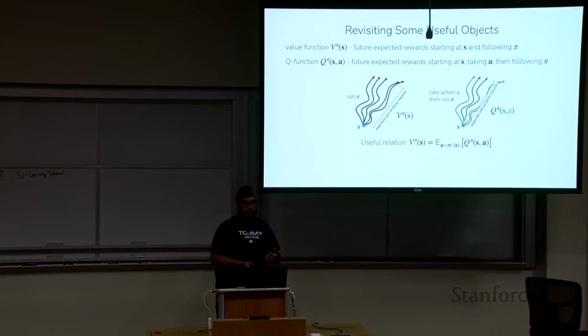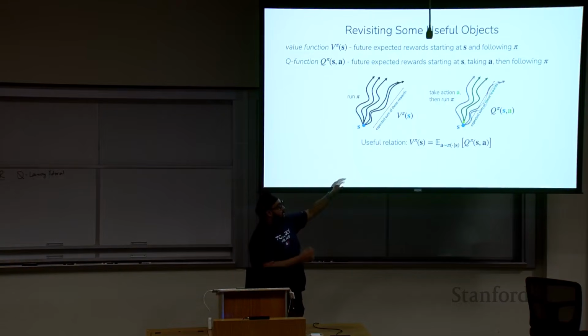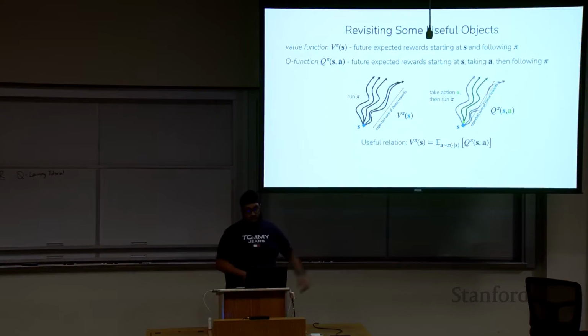And a Q function gives you a little bit more information, where you can probe a particular immediate action that you can take, and consider what your value might be if you take this action versus another one. A useful relation to know in this case is that the value function you've learned on the left is, in expectation, the Q function that you'll learn on the right.